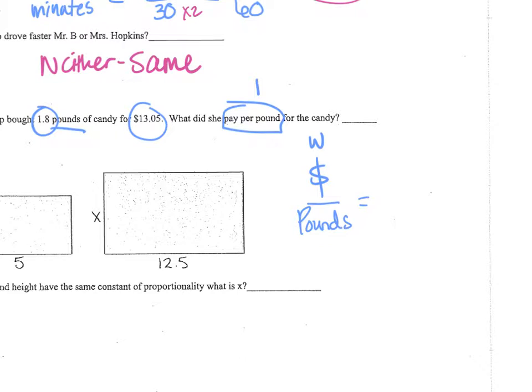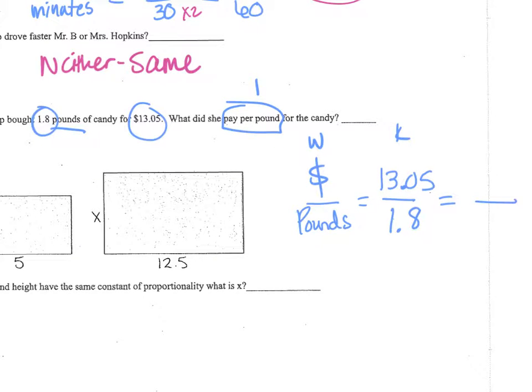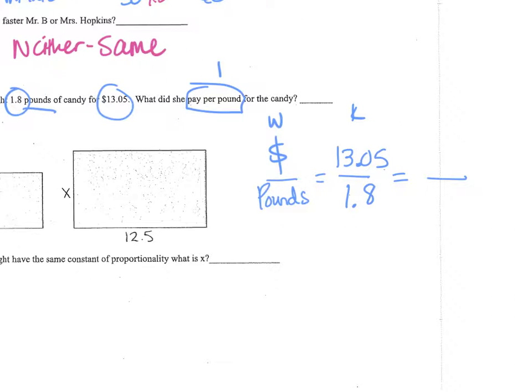Then that first ratio is the information that we know. So I know that it cost me $13.05 for 1.8 pounds. And then what did we say that we don't know?